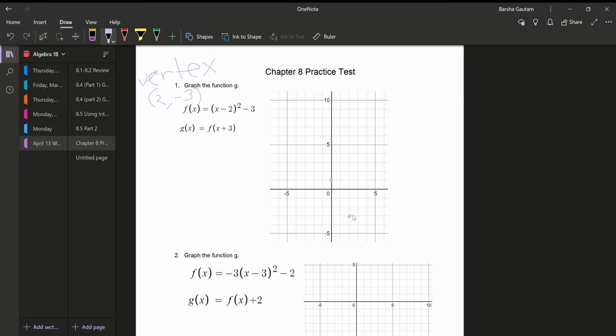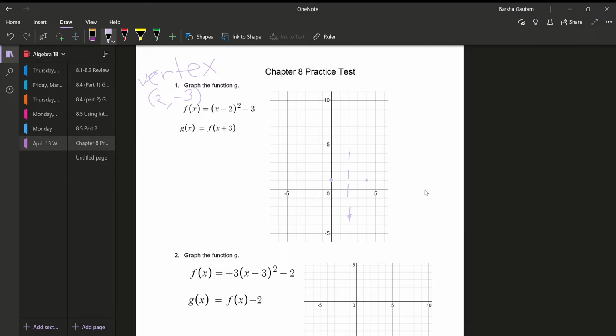And since this is our vertex, we know that our axis of symmetry is going to be right here. Let's see if I can draw this. Alright, so that'll be the axis of symmetry. And since this is 2 to the left, we're going to have the same point 2 to the right.